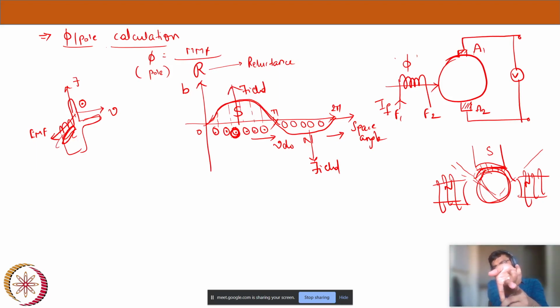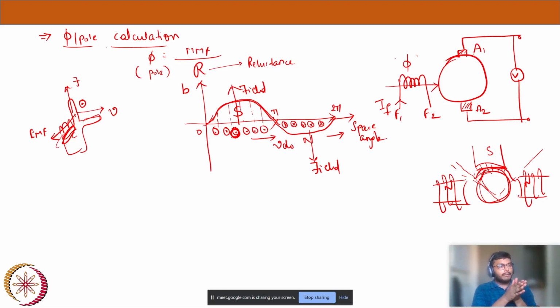Now my middle finger will show the direction of induced EMF, that is into the plane. So I will denote it by cross. It's all based on conventions. Okay, so all conductors are now placed under either south pole or north pole.